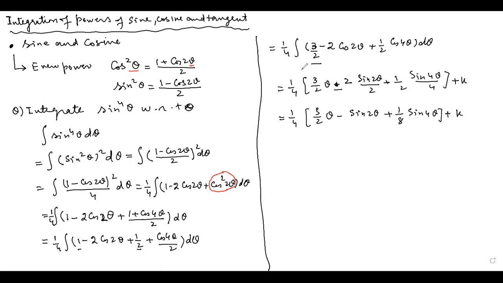Okay. Now we will learn how to deal with odd power of sine and cos. For odd power, we will use the formula sine square theta is equal to 1 minus cos square theta, and cos square theta is equal to 1 minus sine square theta.